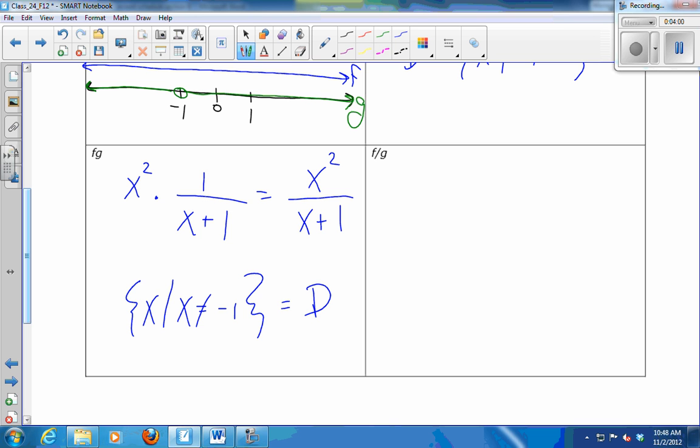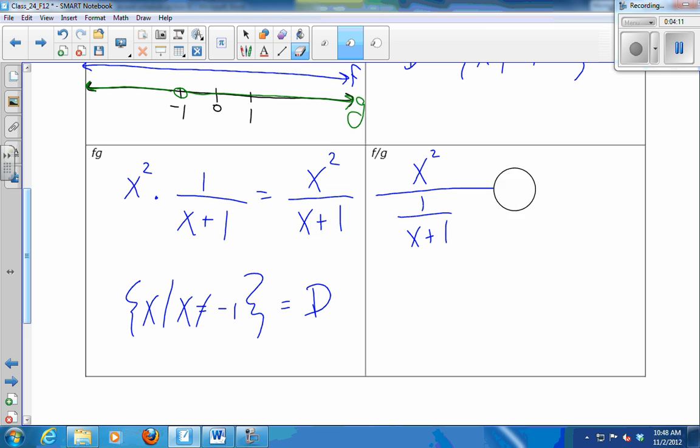And division would be x squared divided by 1 over x plus 1. And I'm going to simplify it, because dividing by a fraction, I can replace with multiplying by the reciprocal of the fraction. So this is going to be x squared times, instead of dividing by 1 over x plus 1, times x plus 1 over 1.